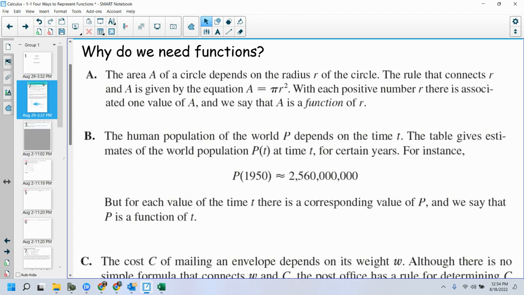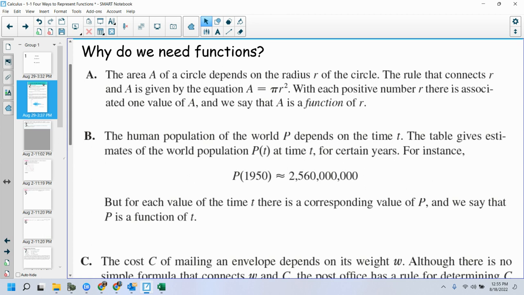If it's a linear distance versus time graph, then you can predict when something might occur, like how long it takes until we get to 50 feet away. You could predict when that's going to happen if you have a function to model that situation. So that's really the basics of why we need functions: to model real life situations so that you can predict what's going to happen later on.